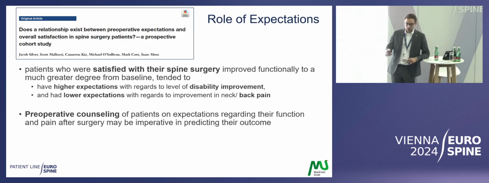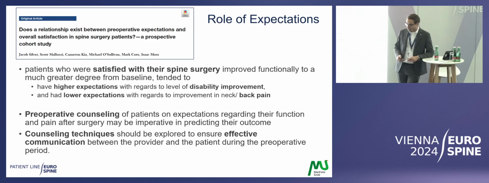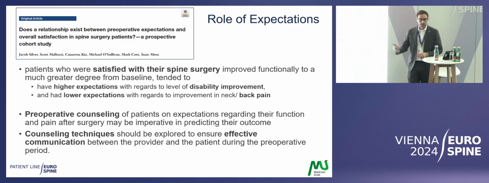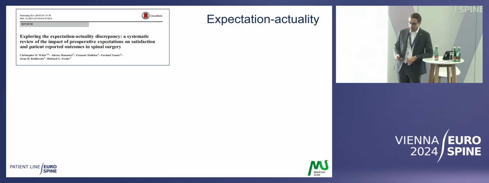So again, this preoperative counseling was in the conclusion of the paper, and I'll come back to that several times because that is probably really an important factor. And they also stated that we really have to think about counseling techniques and effective communication. I think Spine Tango can be one thing you can use in your clinics to educate your patients better, and could be a technique to improve that.